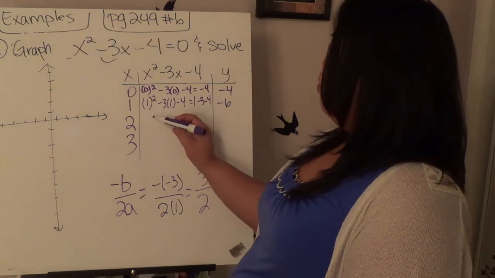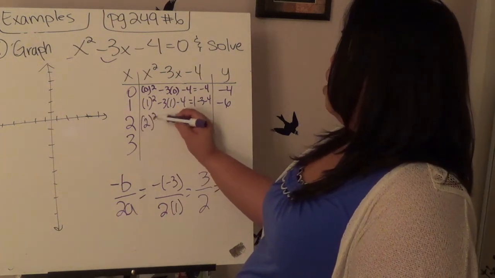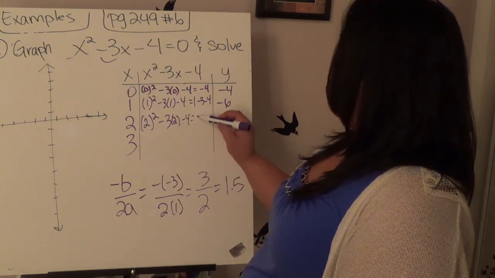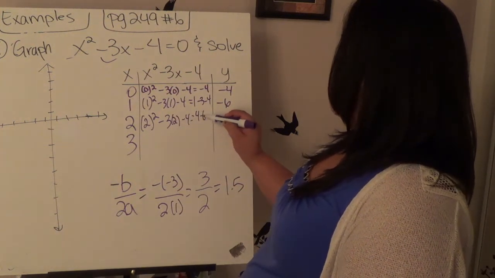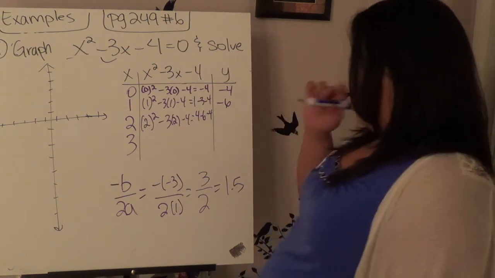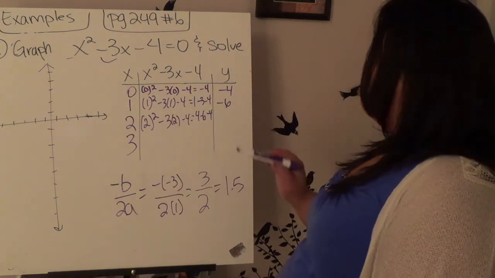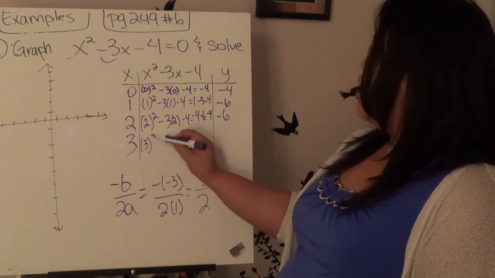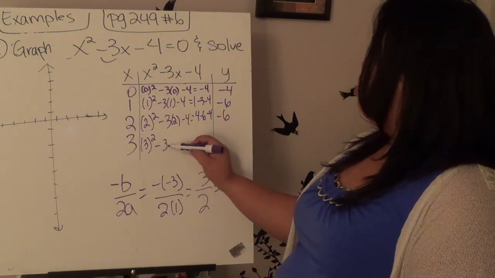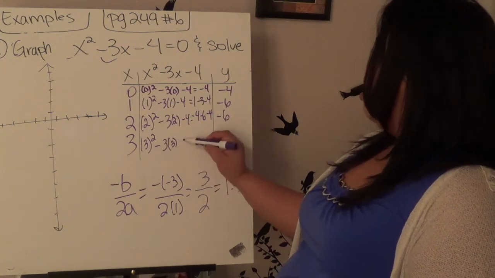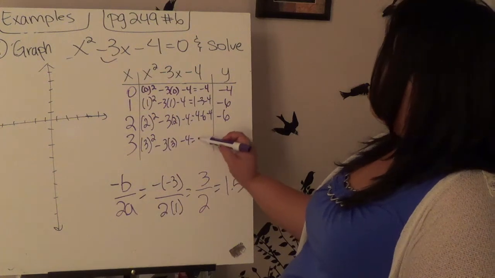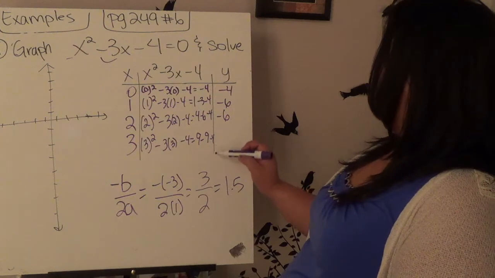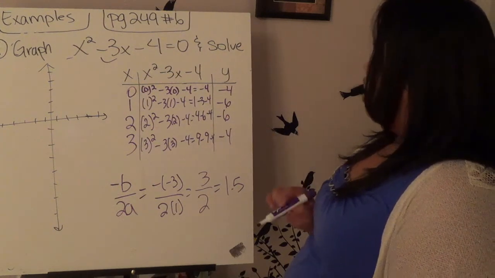Next we have 2 squared minus 3 times 2 minus 4, which gives us 4 minus 6 minus 4. 4 minus 6 is negative 2, minus 4 is negative 6. Then 3 squared minus 3 times 3 minus 4 gives us 9 minus 9 minus 4. 9 minus 9 is 0, minus 4 gives us negative 4.